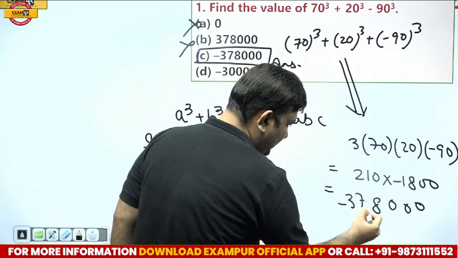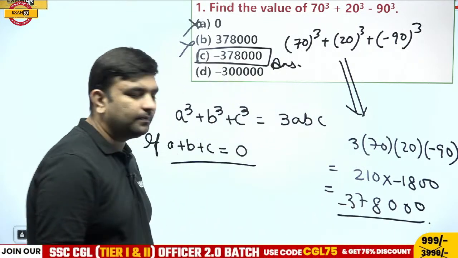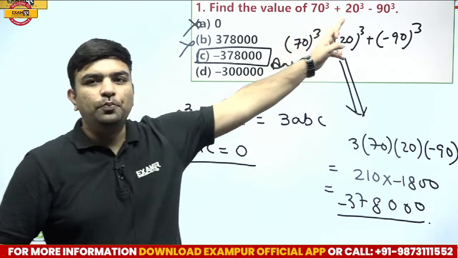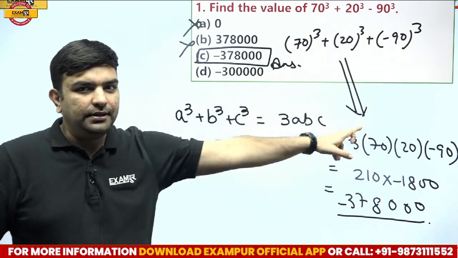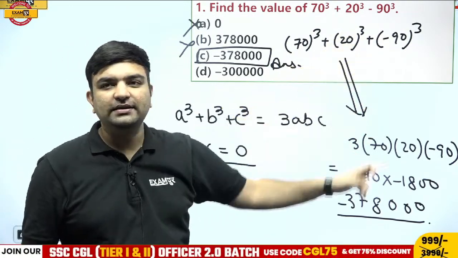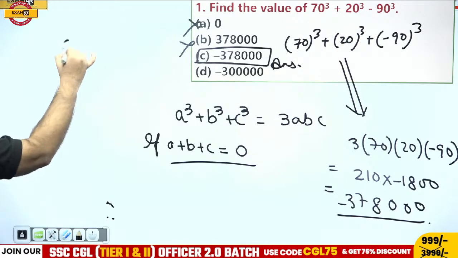Minus 378,000 is your answer. Clear, guys? Very, very important question. a cube plus b cube plus c cube is 3abc if a plus b plus c is 0. So I will take that negative inside and get to the answer. CGL 2021.